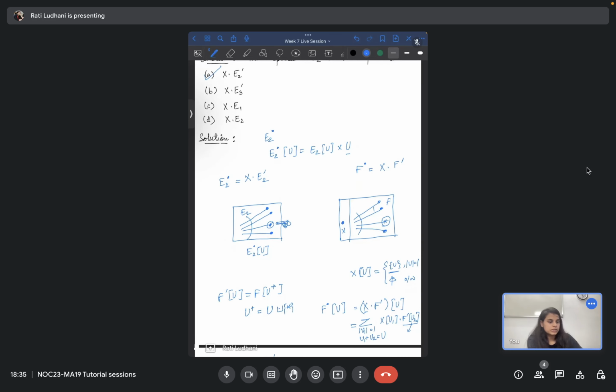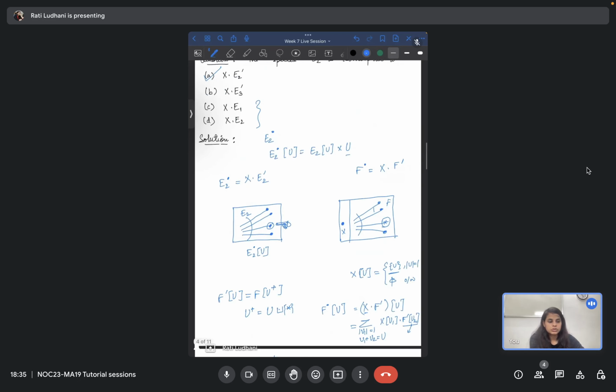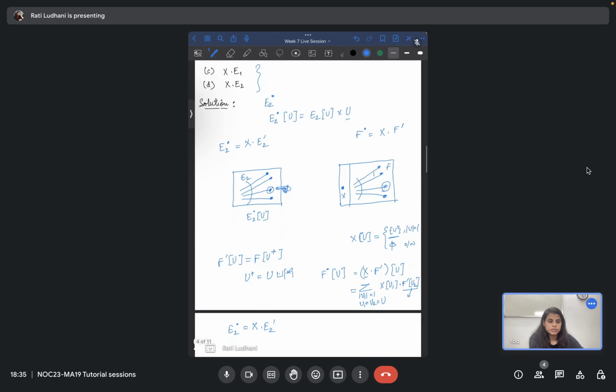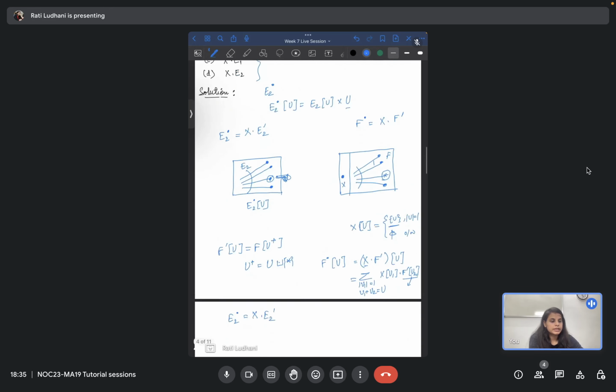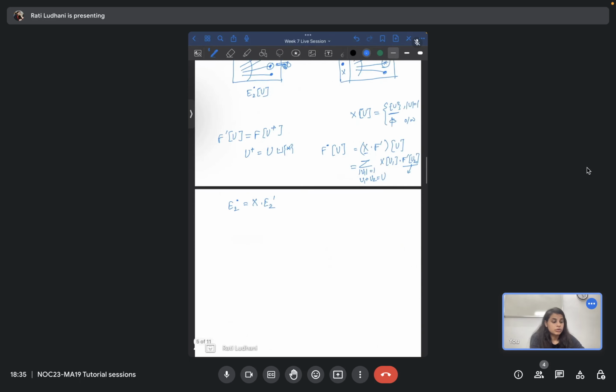Okay, but let's see if c or d could be true, because we don't know, those are also the possibilities, x dot e2 or even. So let's check it. Certainly e3 dash and e2 dash, when you see these are two different things, but not the others.